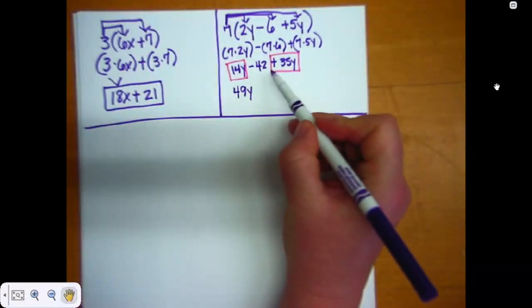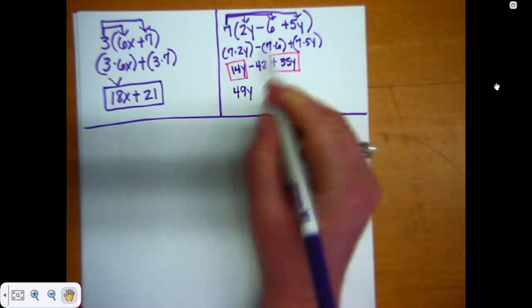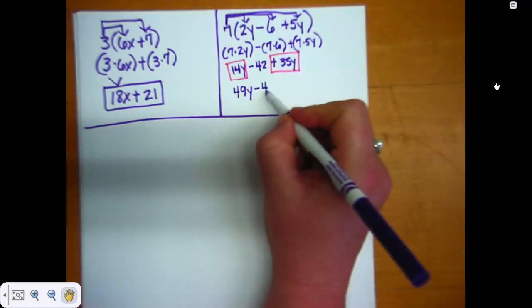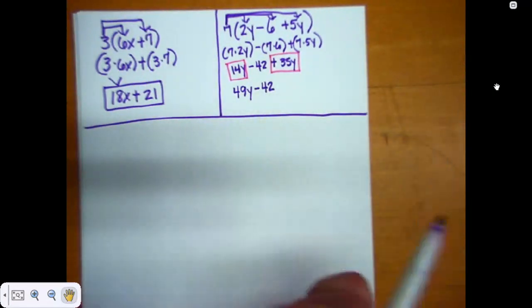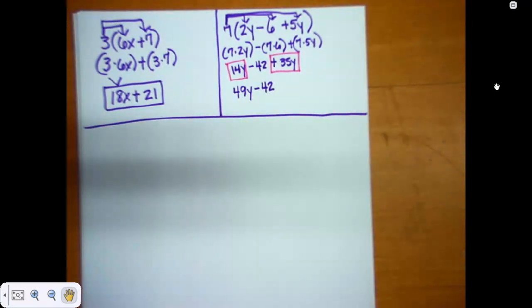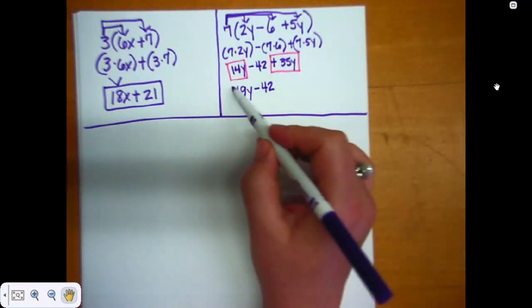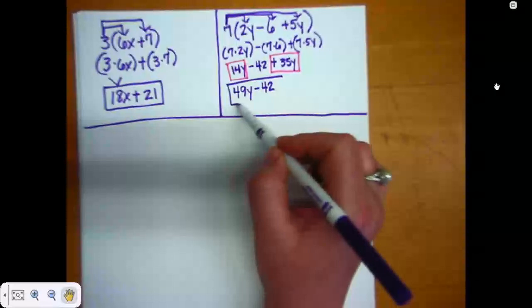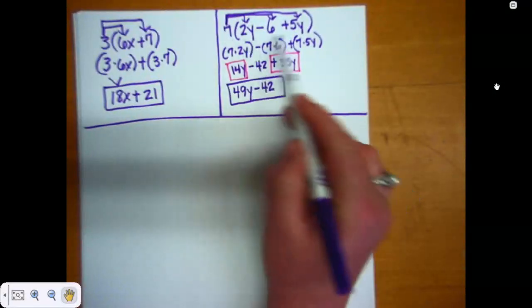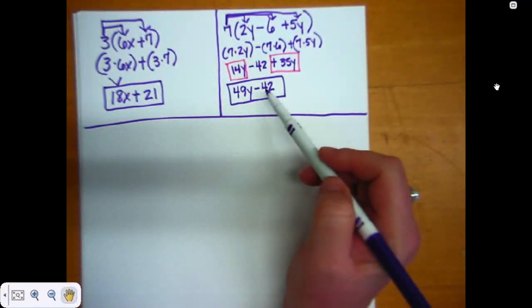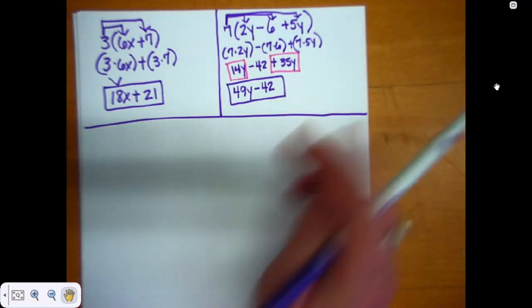I don't have any like terms with negative 42, so I'm just going to bring that down. So 49y minus 42 is the most simplified way I can write this expression. That looks a lot less scary than this.